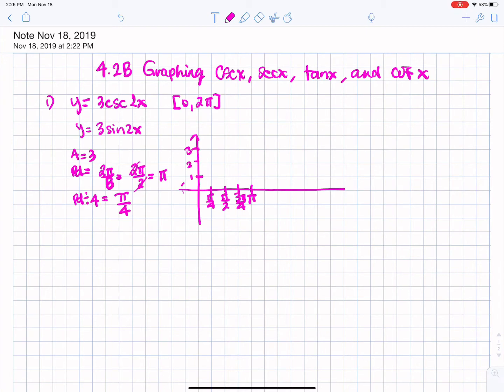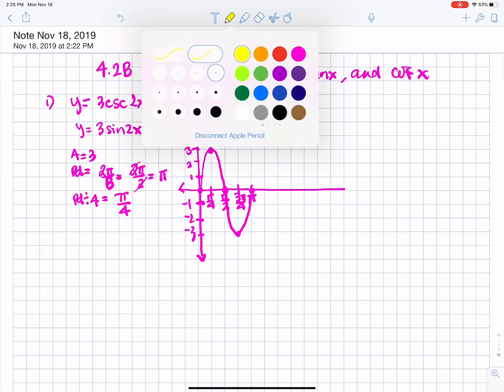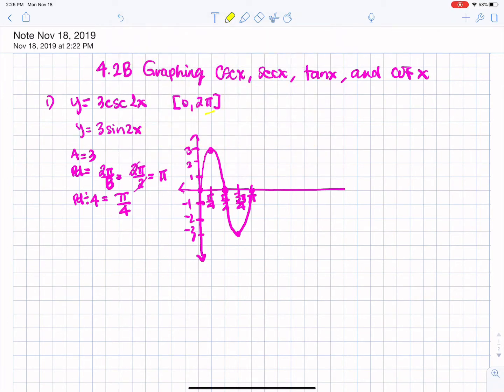Remember, you are going to label everything on your x-axis and your y-axis: 1, 2, 3. Okay, so this is sine. So sine, we start at 0, up 3, 0, down 3, 0. Make your sine graph. But we're graphing up to 2 pi.